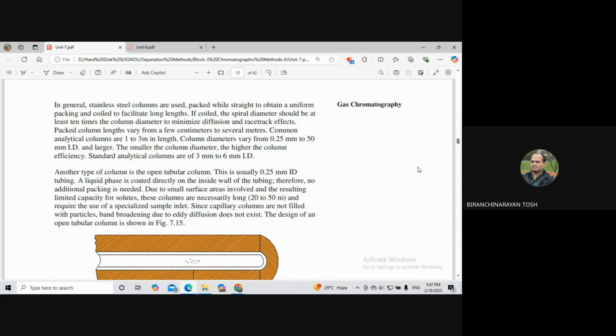These columns are necessarily long, 20 to 50 meters, and require the use of a specialized sample inlet. Since capillary columns are not filled with particles, band broadening due to eddy diffusion does not exist. The design of an open tubular column is shown here.